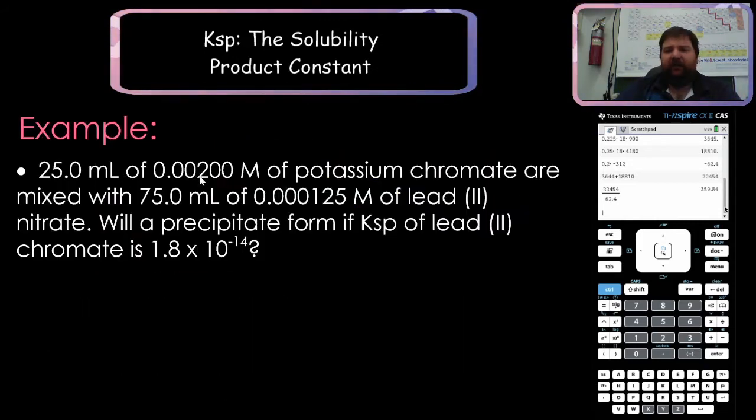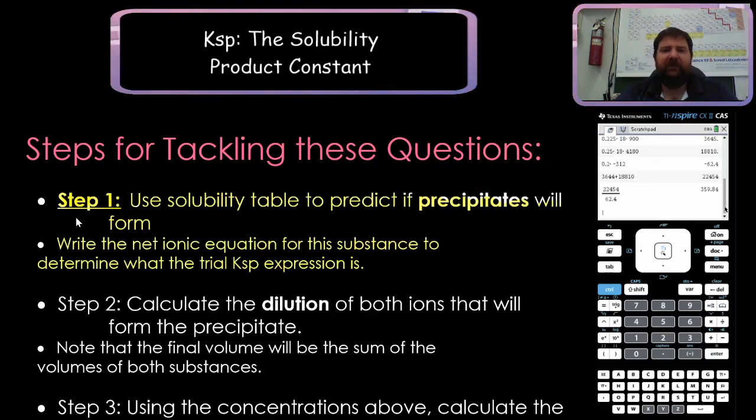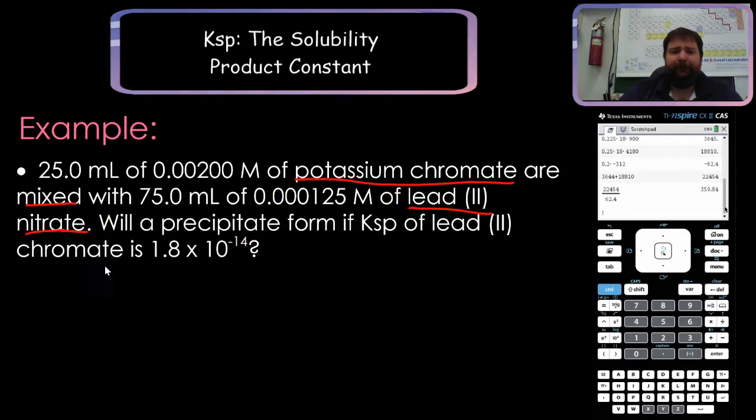We have potassium chromate, and we're mixing it with lead 2 nitrate. Notice I'm not worrying about the numbers right now, because step 1 is just to write the net ionic equation and find out if precipitates are going to form. So that's what I'm going to do.